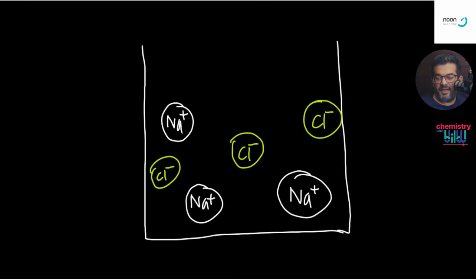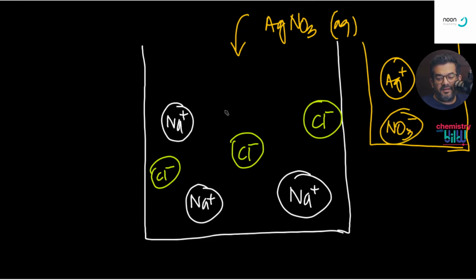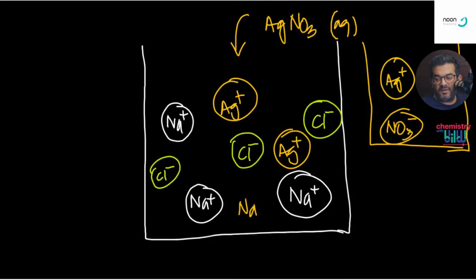Okay, and you then add silver nitrate aqueous. Now they are also separate. If they were in another beaker, they were also separate, because it was aqueous. Silver is separate, nitrate is separate. So when they come here, they are also separate. Let's say I add silver and nitrate.